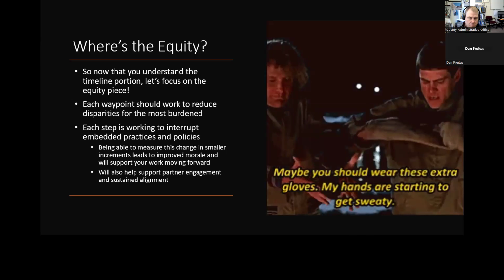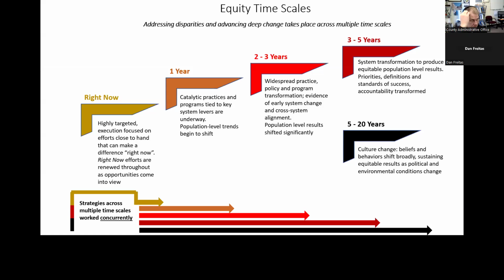If we can move on to the next one here. So this explains what an equity timescale looks like. If you look at the right now, it's really just taking a real assessment of where you're at, and then a highly targeted execution focused on efforts close to hand that can make a difference right now.